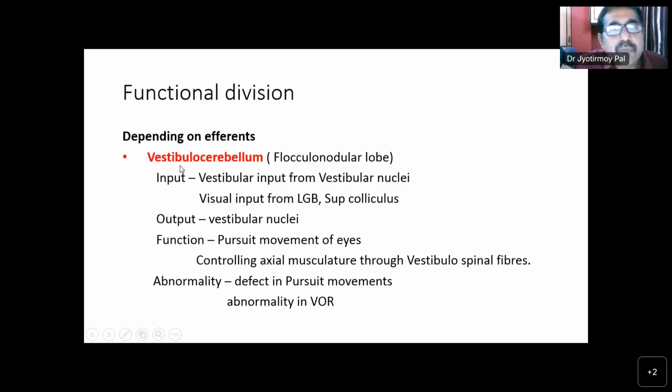So in disorder of the vestibulocerebellum, there is a defect in pursuit movement, slowing of pursuit movement, and abnormality of the vestibulo-ocular reflex. If there is a defect of pursuit movement, what abnormality will we observe? There is nystagmus. And abnormality of the vestibulo-ocular reflex we will see in any disorder of the flocculonodular lobe.